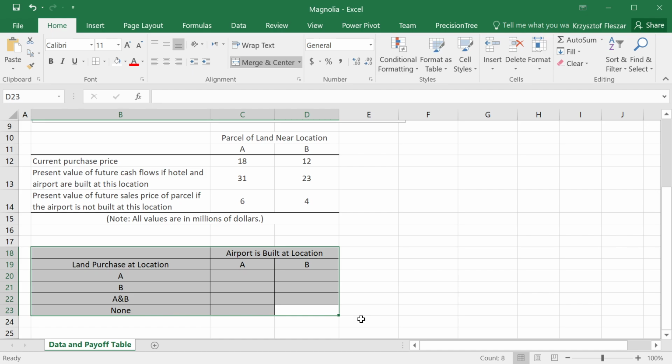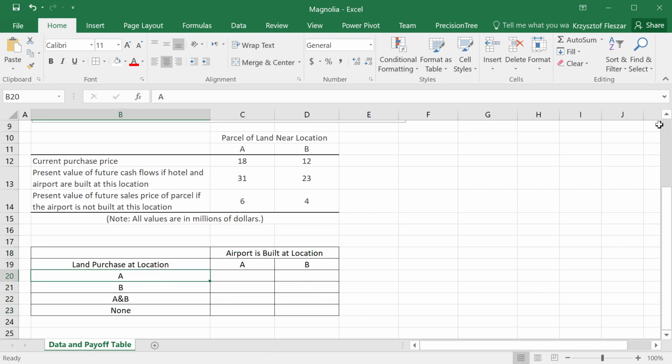It doesn't rain in order to make you wet, or isn't sunny just in order to make you feel warm. It just happens randomly. And in this example, we will also assume that the airport is built at location A or B randomly, and it's not correlated in any way to the decision that we are taking.